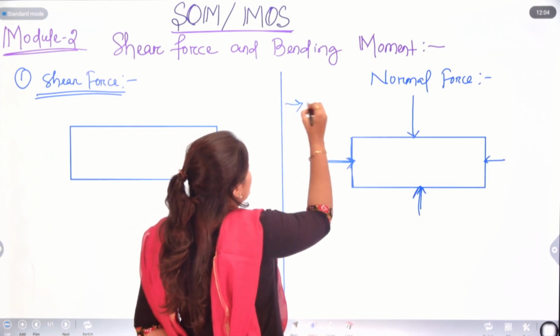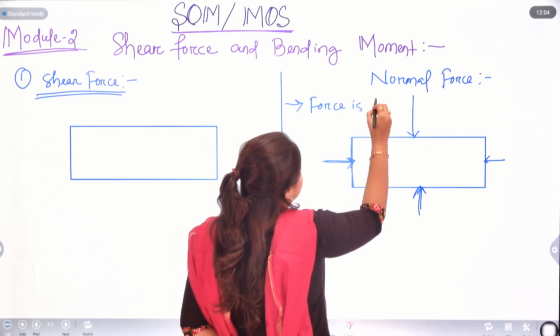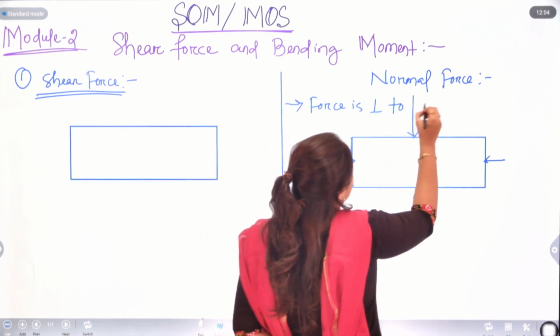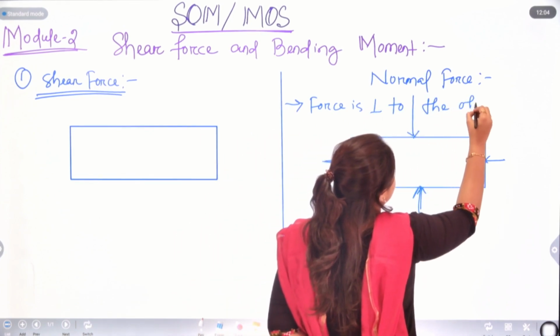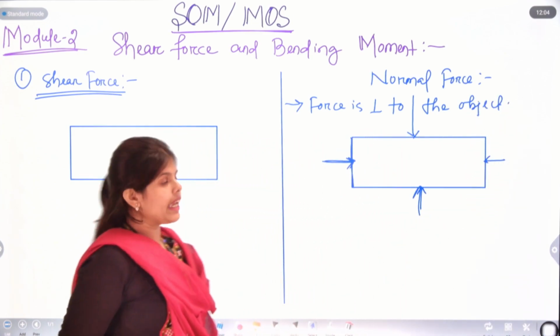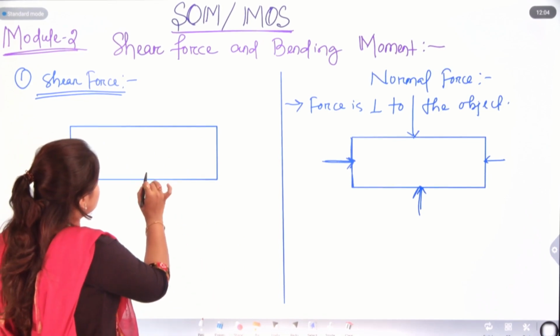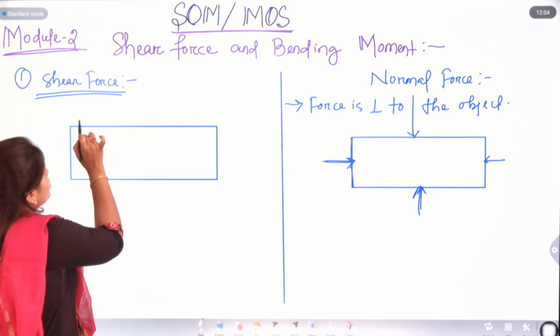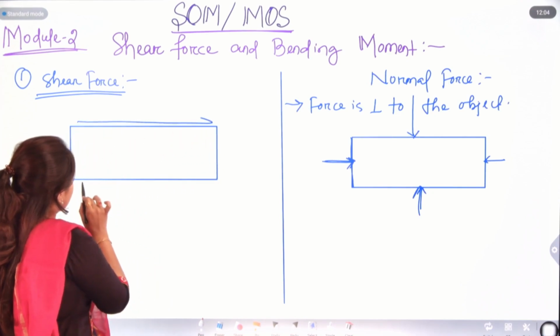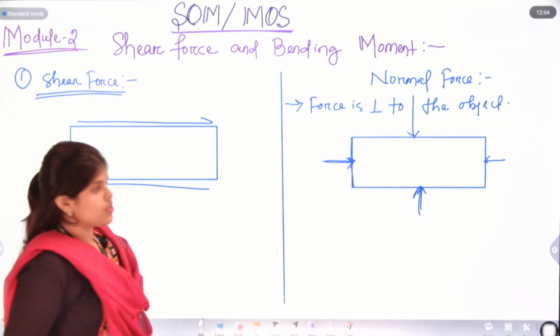So, the first point is the force is perpendicular to the object. But in case of shear force, the force will always be parallel to the section.